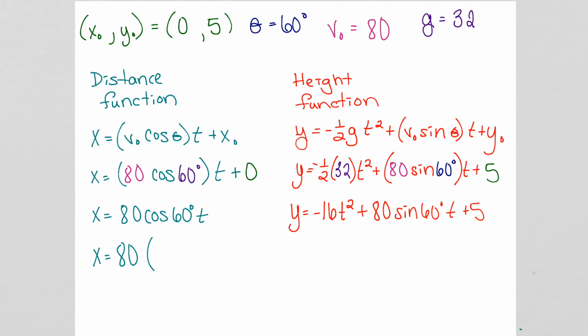Cosine of 60 is 1/2. So x is just 40t. And then here, sine of 60 is square root of 3 over 2.